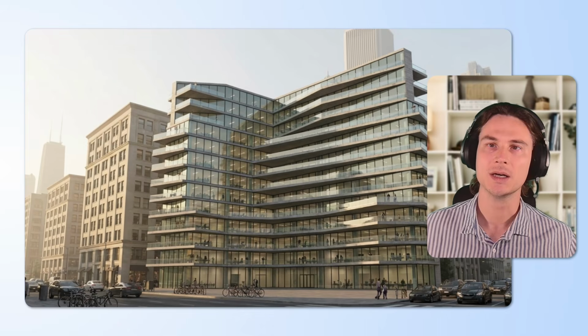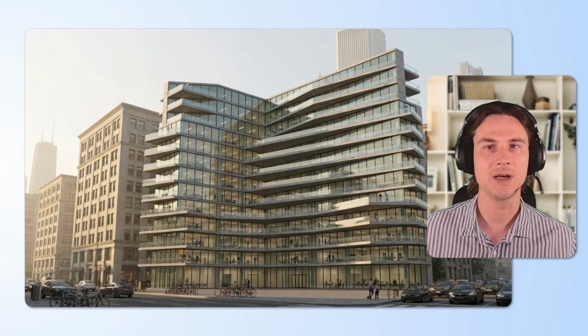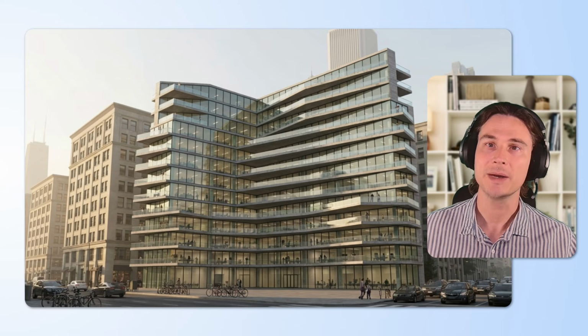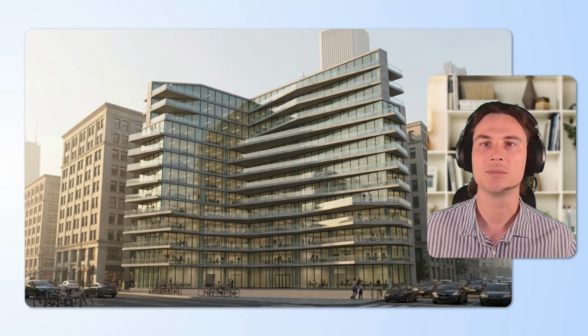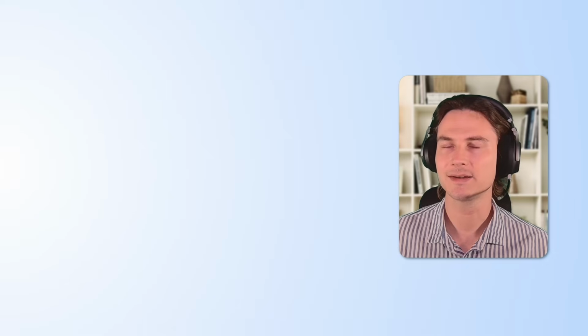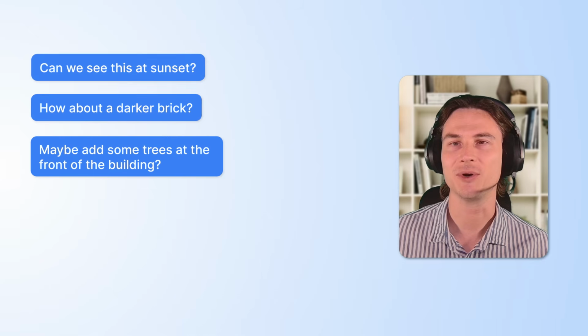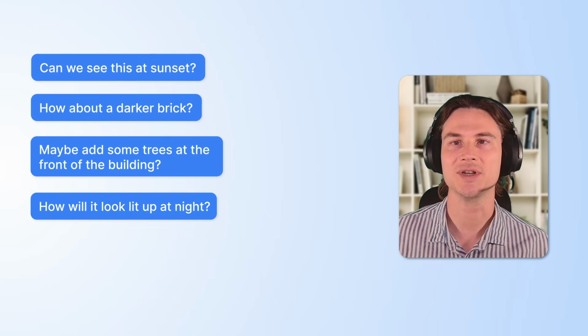So now that we are a bit further in the design process, you already have a render. Maybe it's a clay render with some decent lighting. Maybe it's a full textured image that is 80% there. And someone looks at it and says, this is great, but can we just quickly change the sky or make the brick darker or add some trees or maybe try a night version as well.